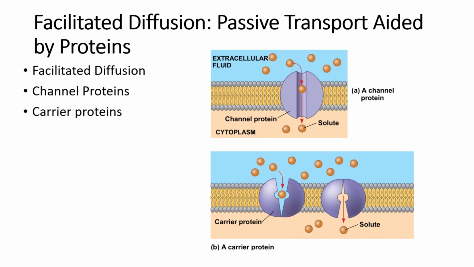Something comes, it binds, then the shape changes, and then it empties that solute to the other side. Whereas in the picture on top, the protein just makes a channel for these round circles, these balls, to pass through.